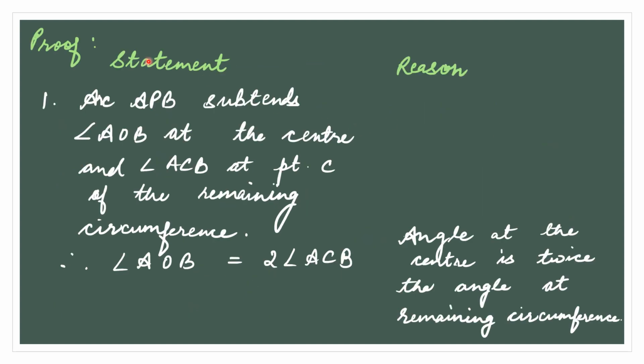See the proof, the statement and the reason. Arc APB subtends angle AOB at the center and ACB at point C of the remaining circumference. This you have seen how the arc has subtended. Then angle AOB is equal to 2 angle ACB. Angle at the center is twice the angle at the remaining circle.